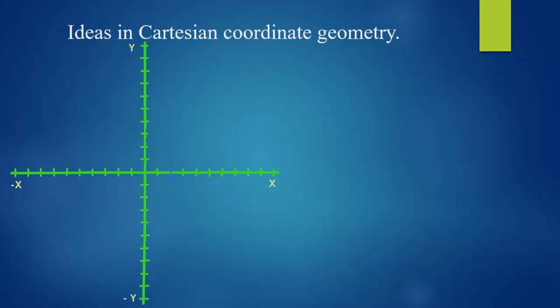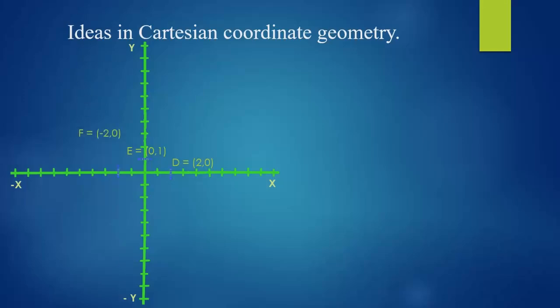Okay, and there are some points which are along one axis but not along the other. For example, this point D is 2 units along the x-axis, but there is no movement along the y-axis, so it is (2, 0). Similarly, the other point has no movement along the x-axis but 1 unit movement along the y-axis, so it is (0, 1).